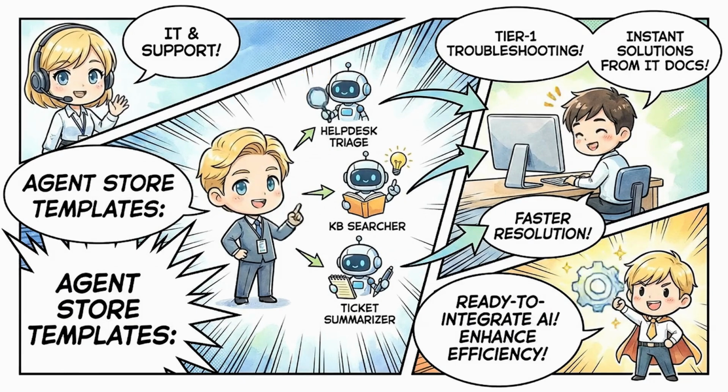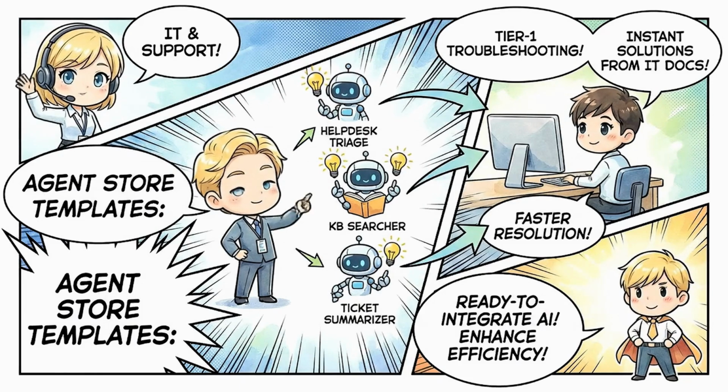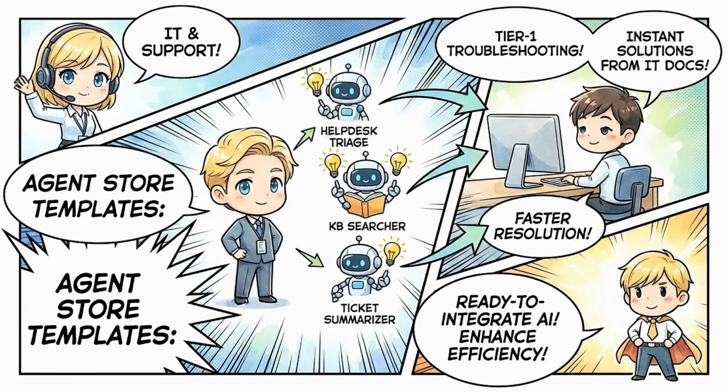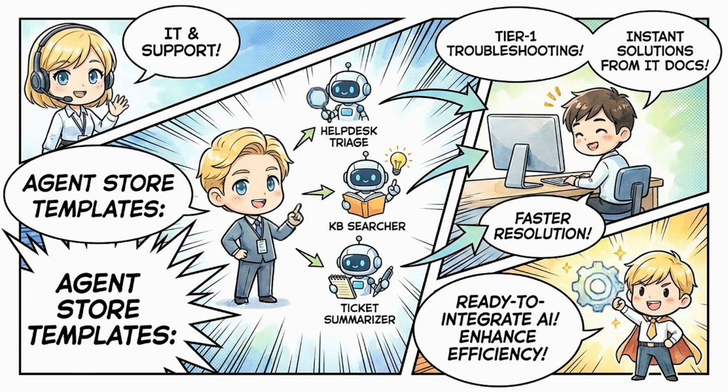These examples underscore how the Agent Store provides sector-specific solutions that are ready to integrate and immediately enhance operational efficiency across diverse business functions, proving its versatility and value as a resource for AI-driven transformation.